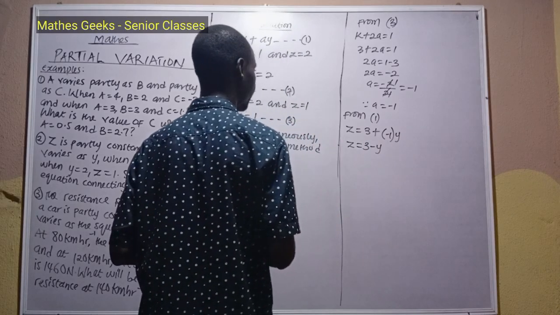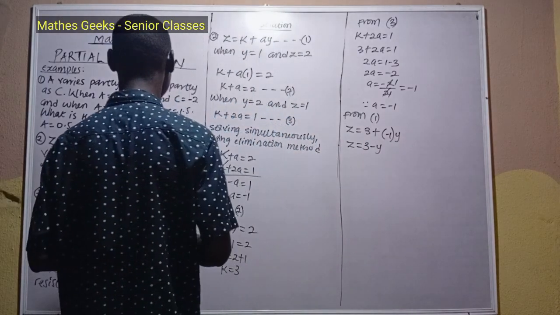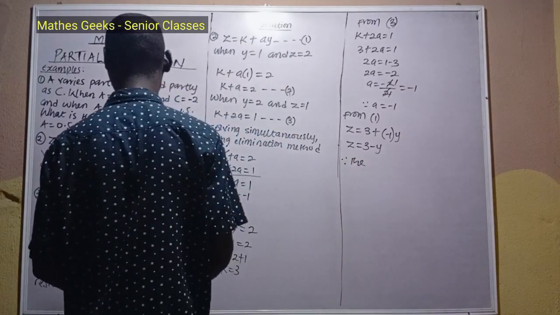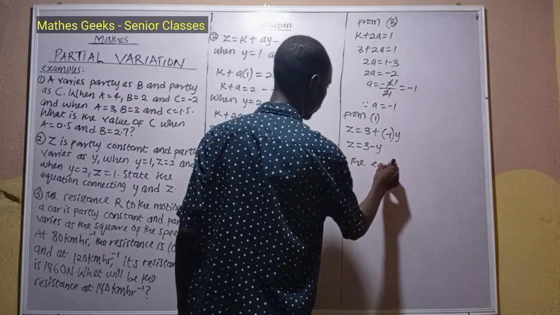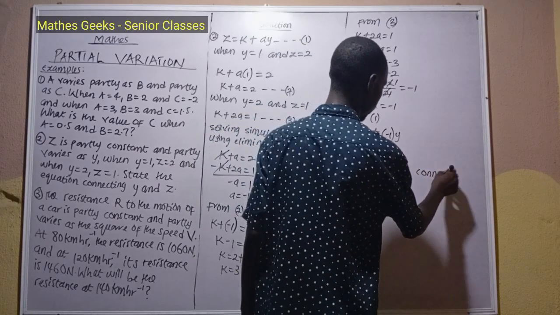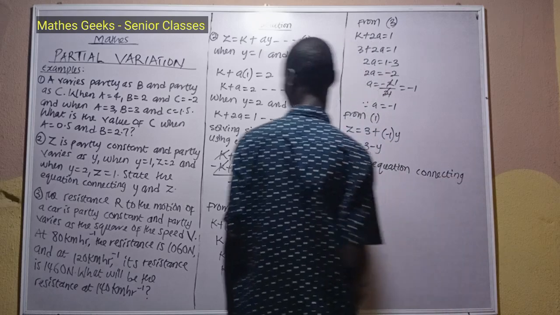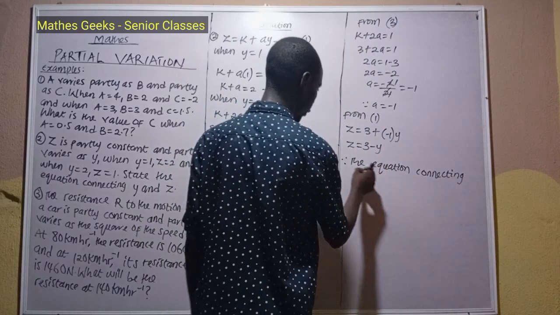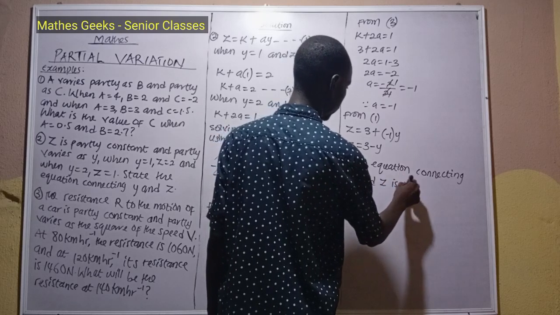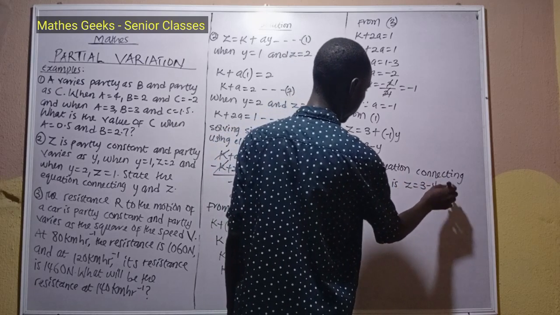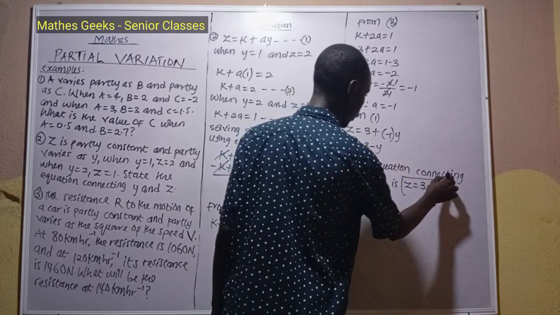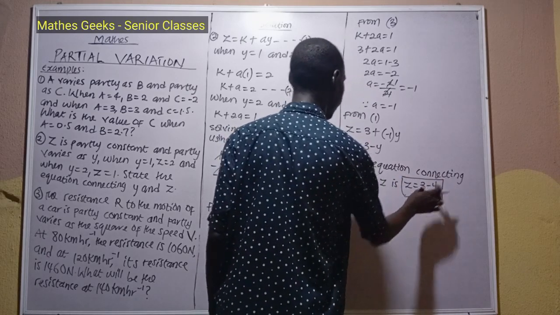Therefore, the equation connecting y and z is z equals 2 minus y. That's the equation. This is it.